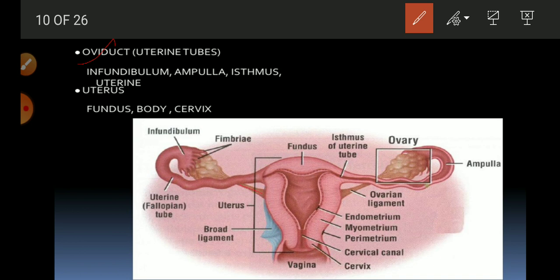You can see this is the ovary, and these tubes are not attached directly to the ovaries.